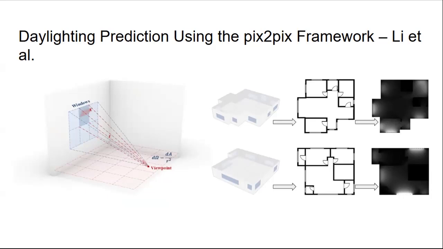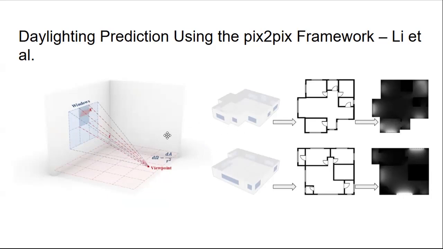This approach provides a more detailed and accurate representation of how daylight enters and behaves in a room. The solid angle encoding method is particularly effective in capturing the shapes and locations of the windows on the wall.